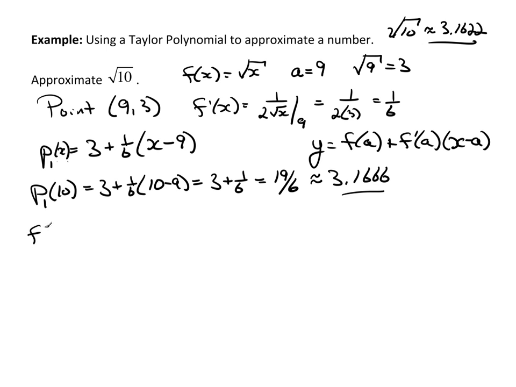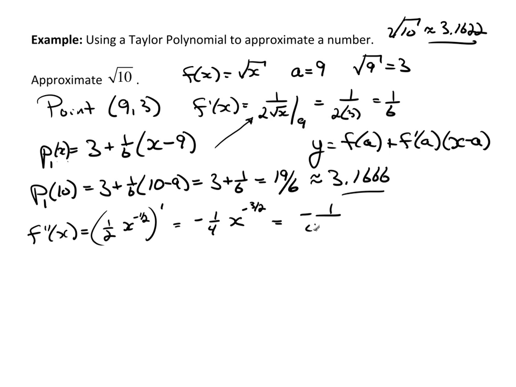See, f double prime of x is going to be equal to the derivative of 1/2 x to the negative 1/2. I'm taking the derivative of this, which is negative 1/4 x to the negative 3/2, which I think I want to write as negative 1 over 4 times the cube. Whoops, that's not the cube.